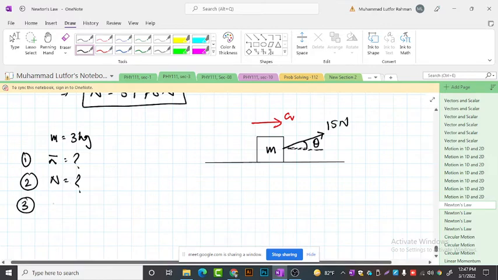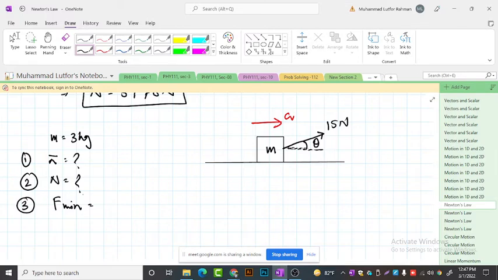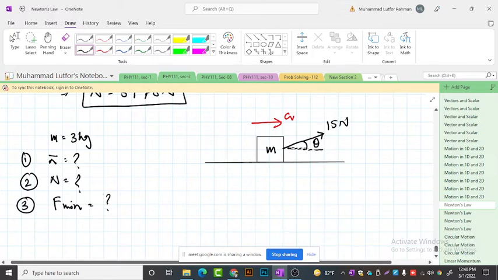We want to find the minimum force we could apply so that it will just try to fly off. If it is more than that, definitely it will be away from the surface. We want to find that minimum force also.